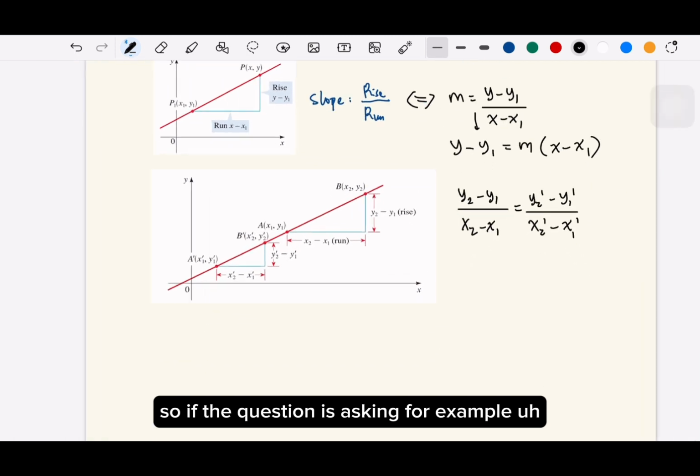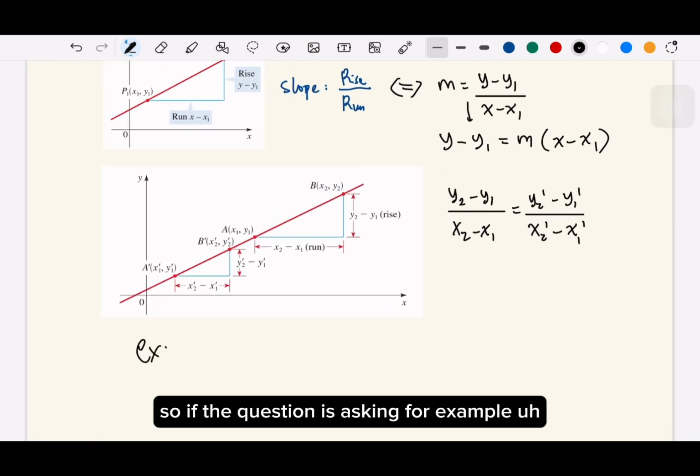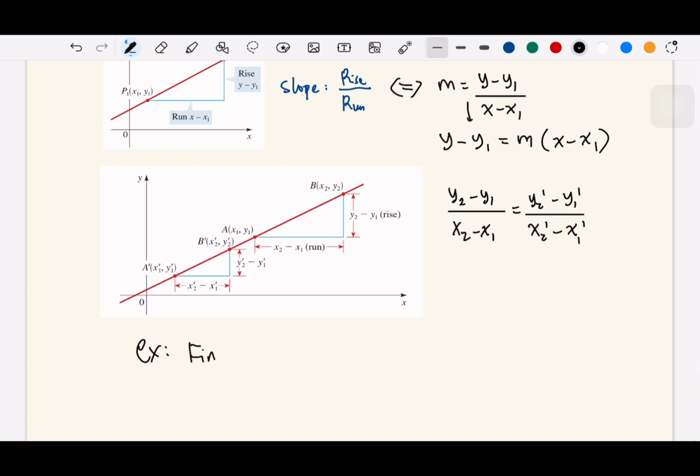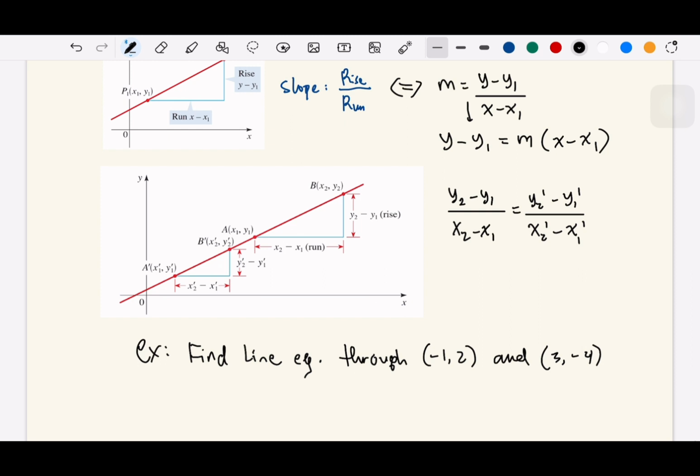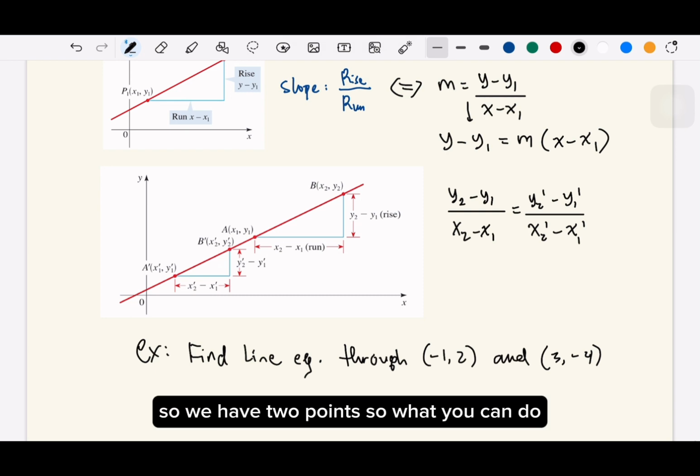So if the question is asking, for example, find the line equation through (-1, 2) and (3, -4), we have 2 points now. So we can use these 2 methods.